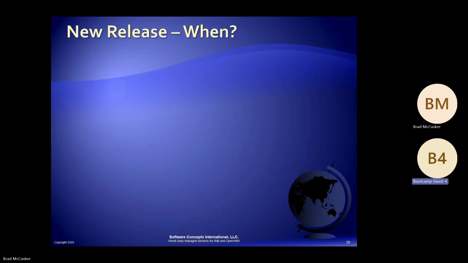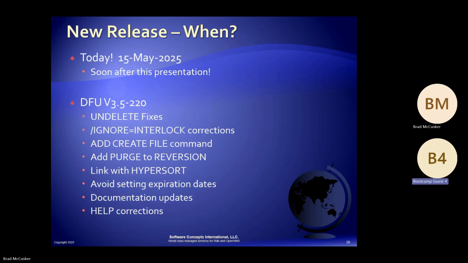All right, so we do have a new release coming out. It's got some things in it. As far as when the new release is coming out, how about today? Basically, as soon as our colleagues on the East Coast of the US wake up and get to work, they're going to push the button to release a new version. Some of the things in there are some fixes to undelete.